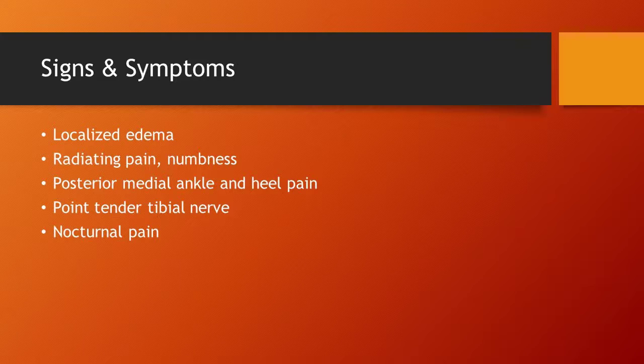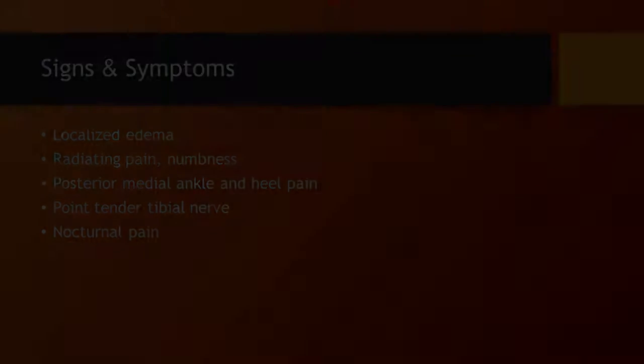You'll also see localized edema in the tarsal tunnel, pain or numbness in the arch that radiates to the medial ankle, posterior medial ankle pain, as well as heel pain that is exacerbated with activity and relieved with rest, point tenderness over the tibial nerve, and the individual may complain of nocturnal pain.